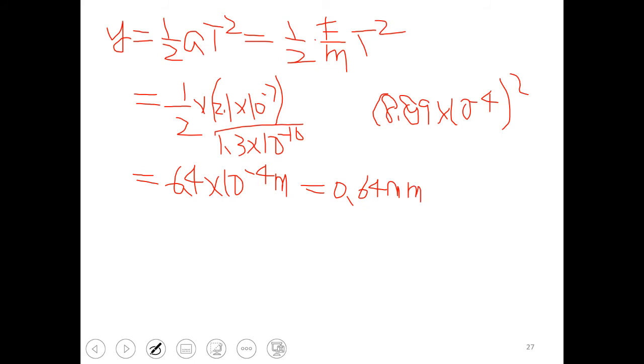Or more correctly, you can write it as 640 micrometer. This is something like the scientific prefix.